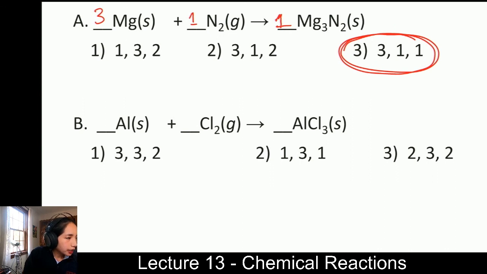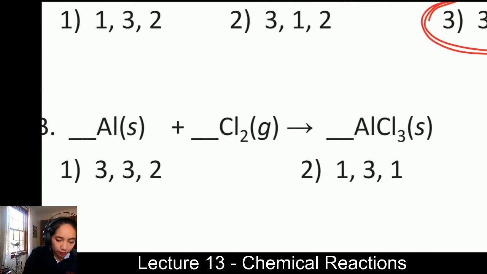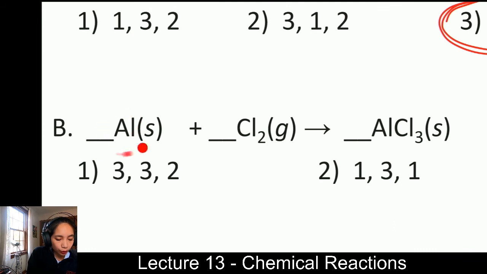All right, and then the next one, so I'll just go left to right. So aluminum, 1 aluminum, 1 aluminum in aluminum chloride, so that looks good. But then chlorine here, there's 2 chlorines in our reactant side and 3 in our product. So I'm going to just scale that up to 6.